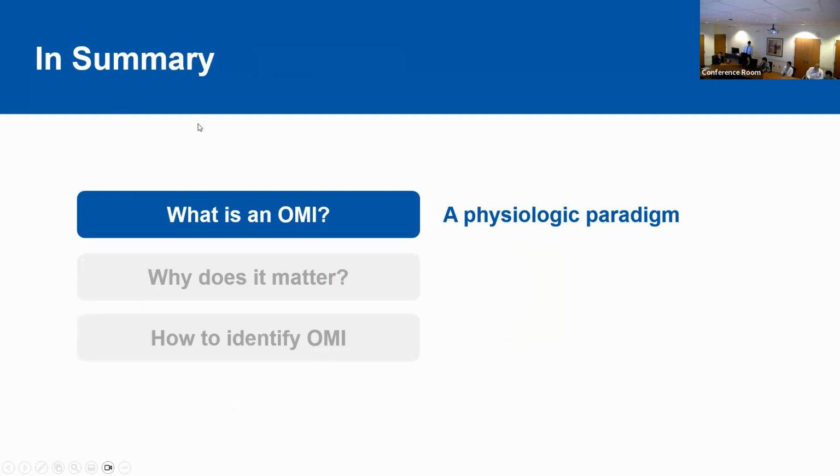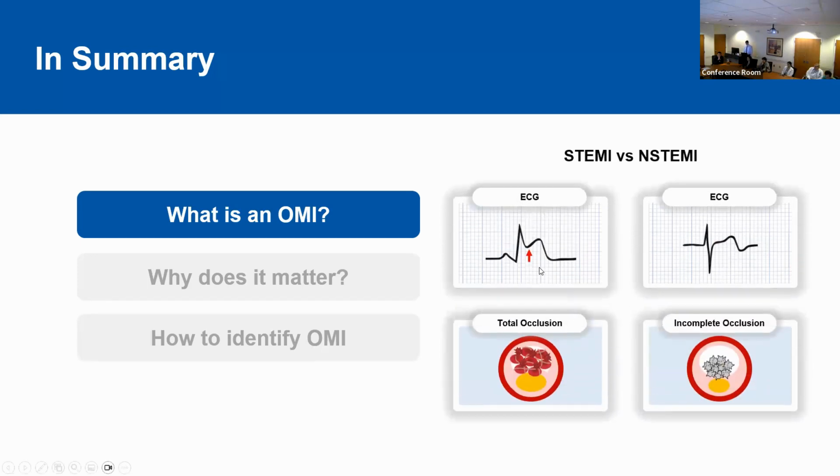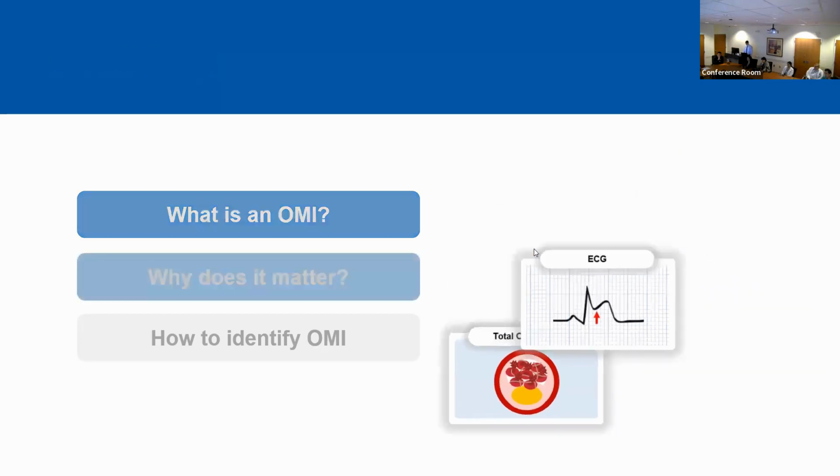So in conclusion, what we discussed today is that the occlusion myocardial infarction paradigm is a physiologic paradigm that starts with the underlying pathology, that is, are you dealing with an acutely occluded coronary vessel, rather than using a single segment of the ECG.